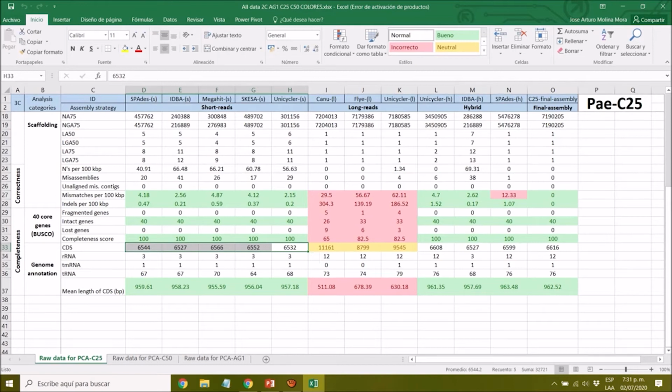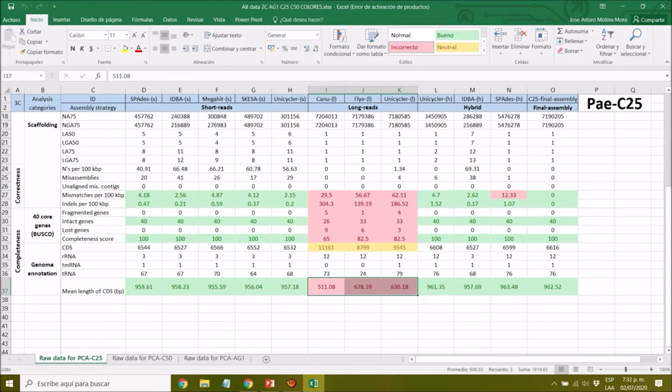We investigated in detail and we realized that the values of the mean length of coding sequences for short reads-only and hybrid approaches were similar to the values for curated genomes of Pseudomonas aeruginosa, contrasting with the results for long reads-only approaches, around 600 base pairs for mean length of coding sequences.